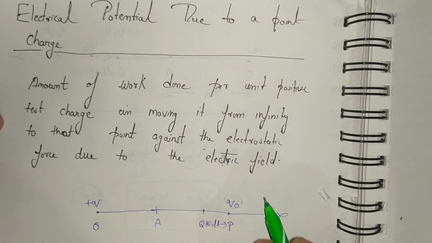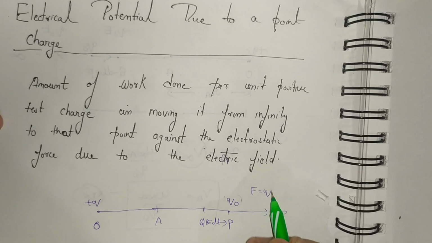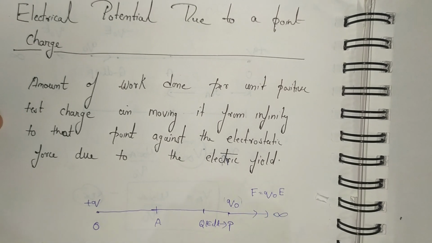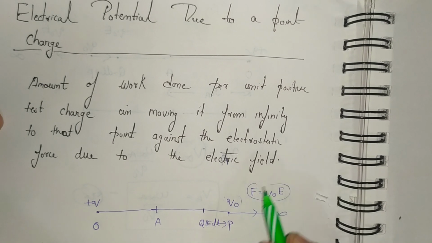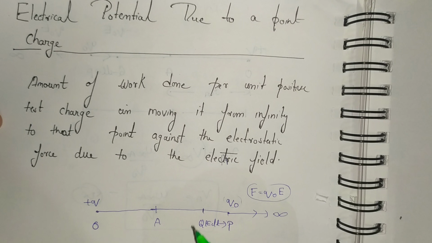Suppose we know the force on a charge in an electric field is denoted by F equals q naught E. Okay, for balancing this force we need to apply an external force.